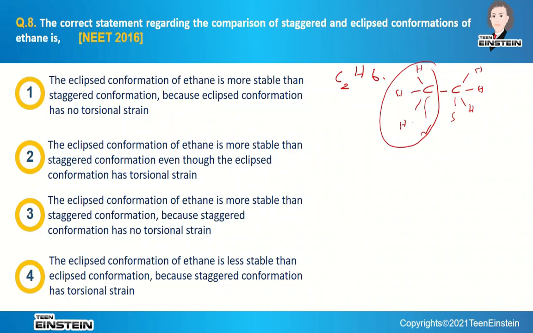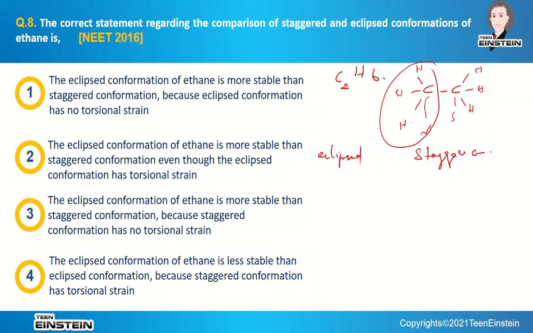So in this case we get 2 extreme conformations. One is eclipsed conformation, another one is staggered conformation.